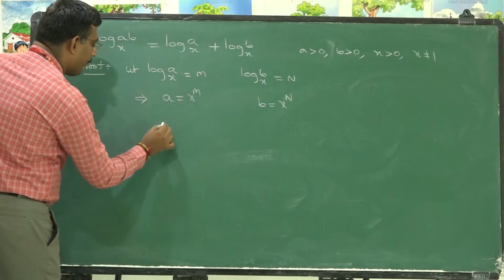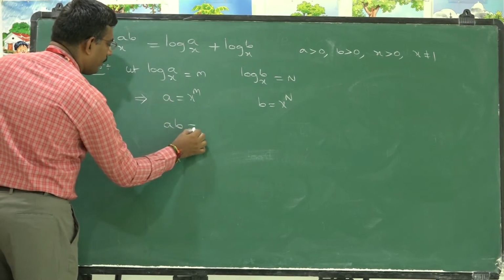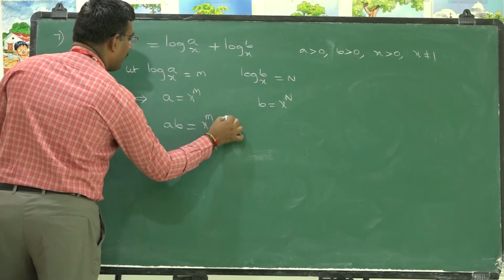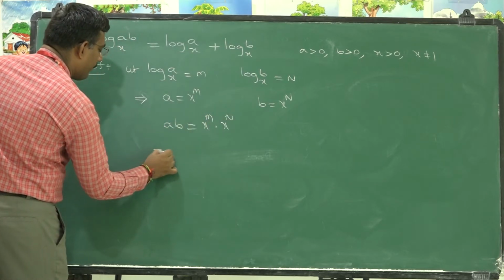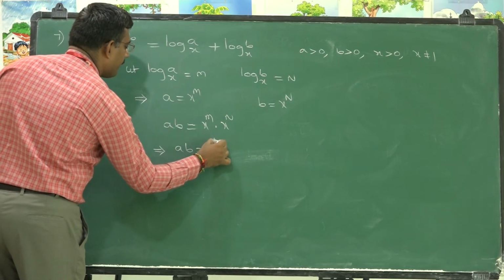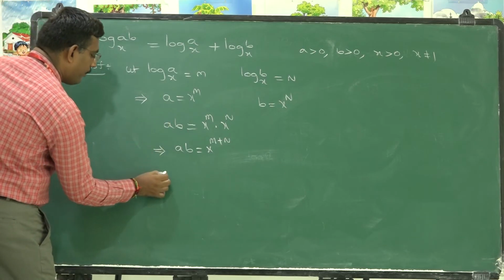Consider the product of a and b is equal to x power m into x power n. That implies ab is equal to x power m plus n. Now convert this exponent form into logarithmic form.